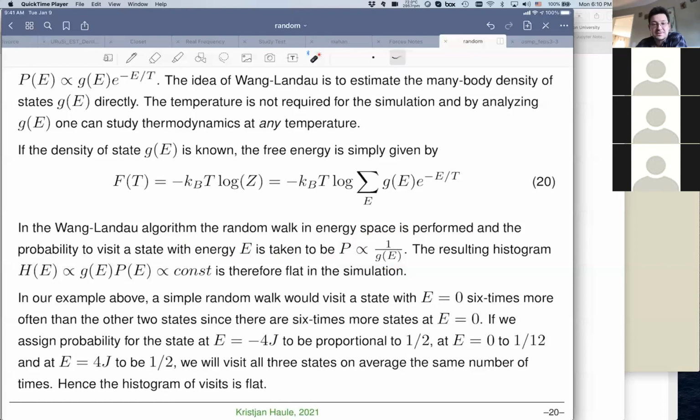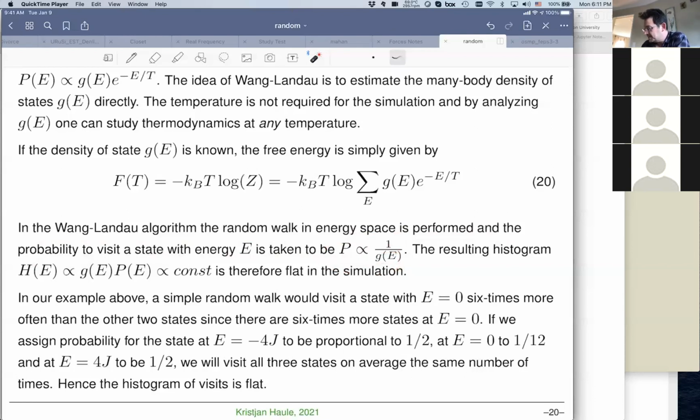We check how the many-body states would look, and then we update the number of many-body states, similar to what we were doing in Vega's algorithm. So here we do it self-consistently. We select some guess for this quantity, we do some random walk, we update, and so on and so forth.